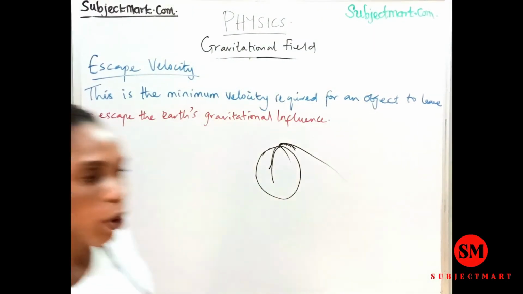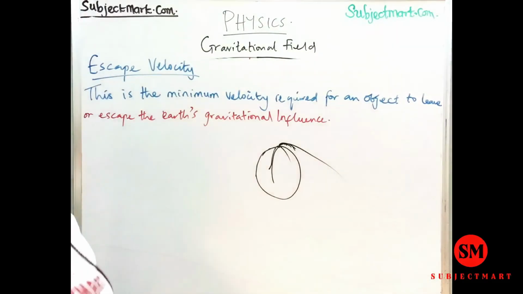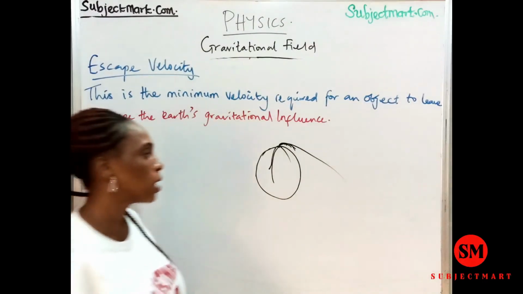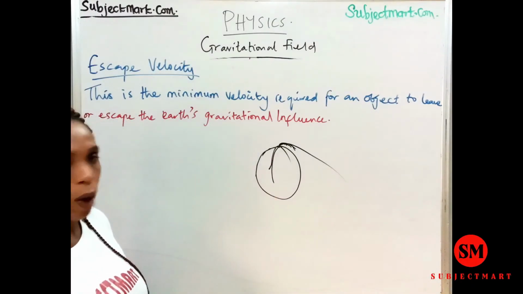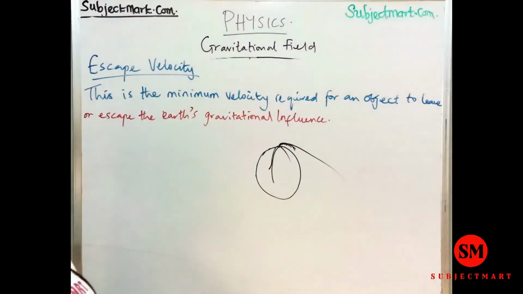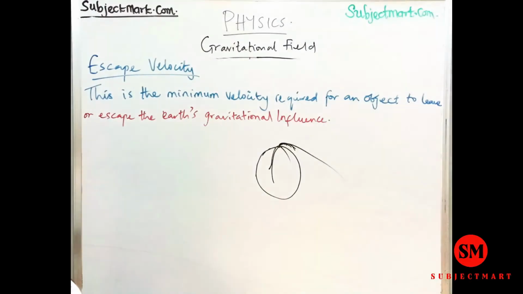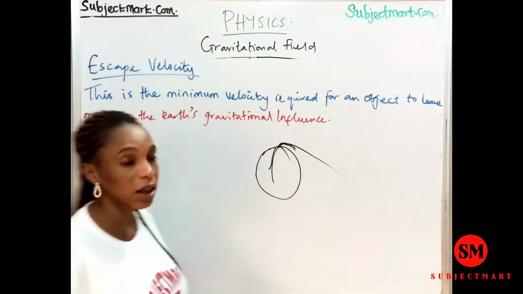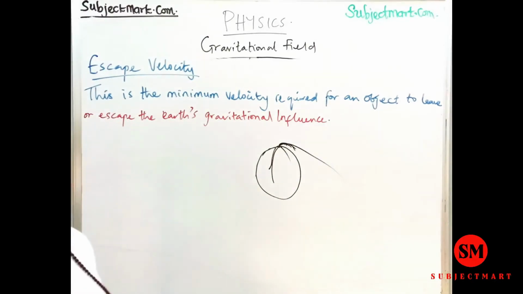So what happens in the case where an object is launched or a rocket is launched and then it falls back to the ground, while it hasn't even left the Earth, or while it's still within the Earth? In such cases, it is due to the fact that the velocity at which it's being launched is not up to the required velocity.